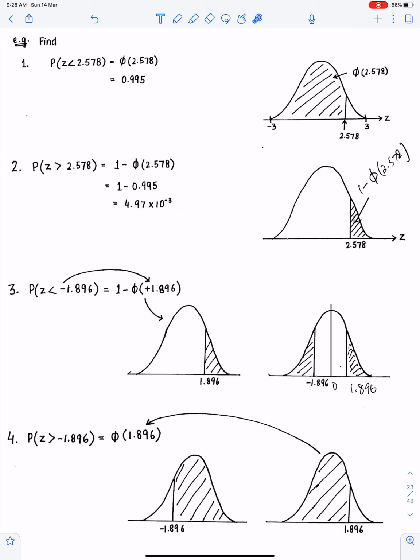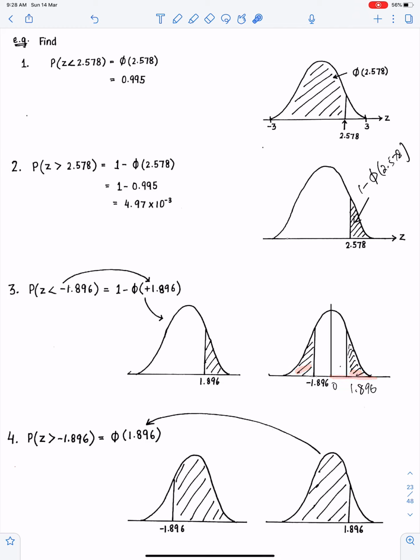So in order to get this area, the problem is the table is for these values of z, 0 to 3. Table is not for negative values of z. So that is why we have to use symmetry. Whenever we get negative values of z, we always use symmetry. We cannot find this number in table. We can find only this part in the table, 0 to this here.